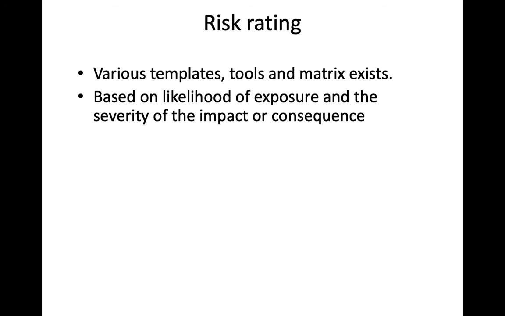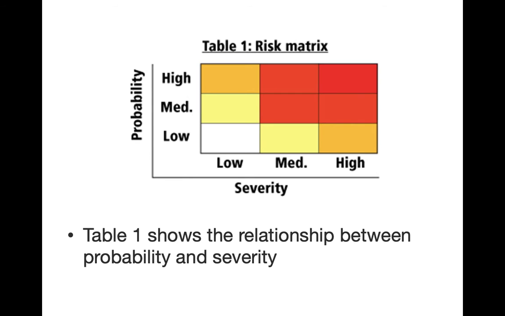So risk rating, there's various templates, tools, and matrices that exist. This is based on likelihood of exposure and the severity of the impact or consequence. You might see this diagram in table 1, which is a risk matrix, which includes probability and severity. You can note the colors in here, which are useful. The colors indicate the urgency or the level of response.